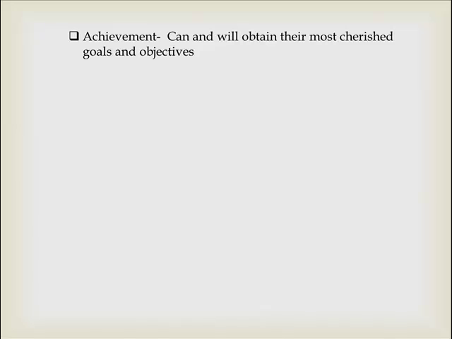Achievement: they can and will obtain their most cherished goals and objectives. Most people will be persuaded once you have done your job of clearing the obstacles that are currently keeping them from the progress they're trying to get, and the challenges that they're facing.